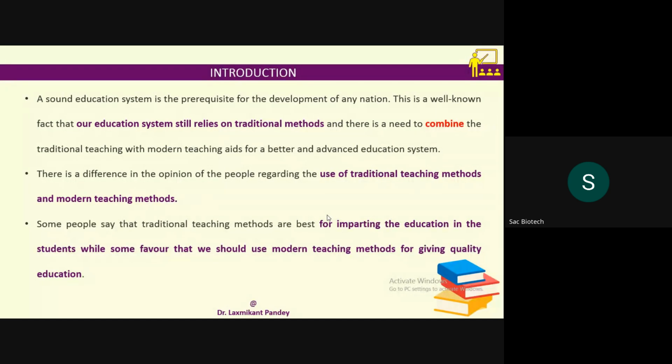So there are two different ways of thinking. But we need to combine the merits of both methods and create some effective methods, so that the students can understand the topics in a very clear way. Please change.